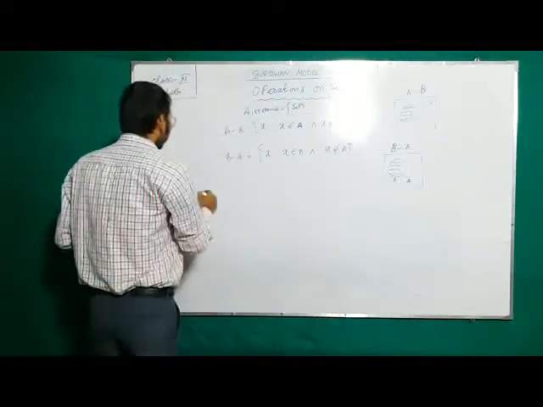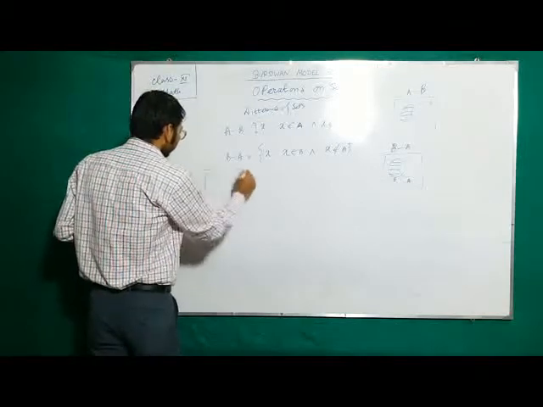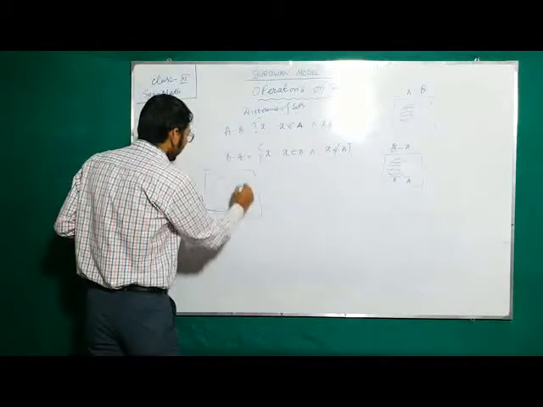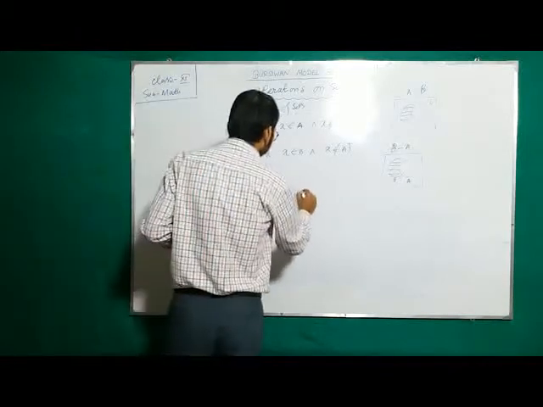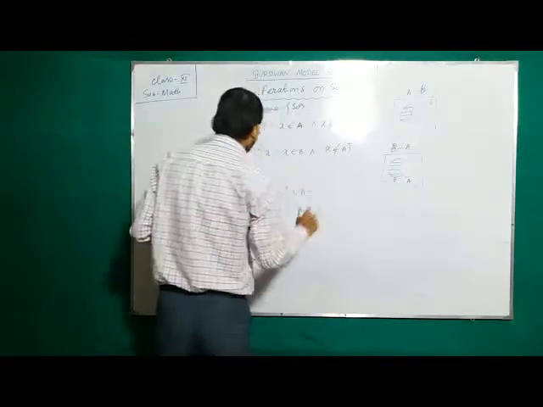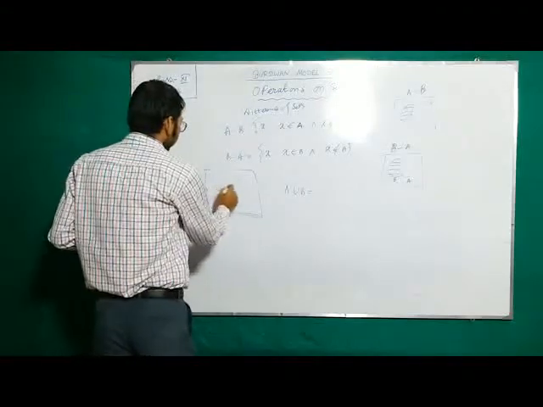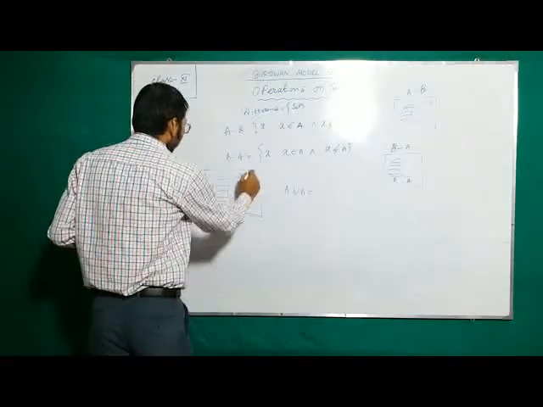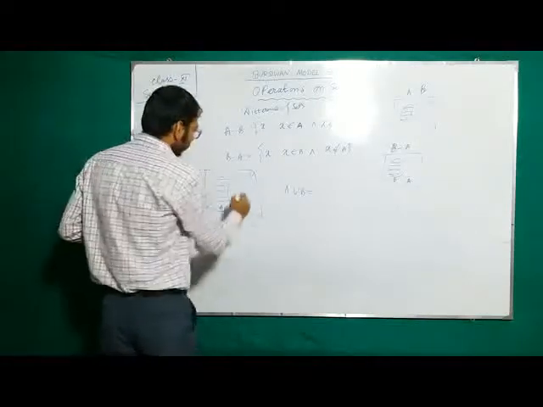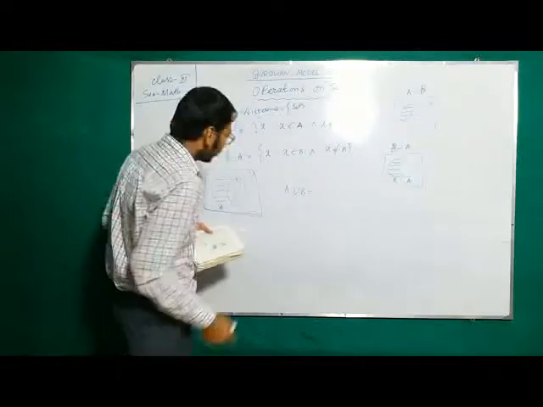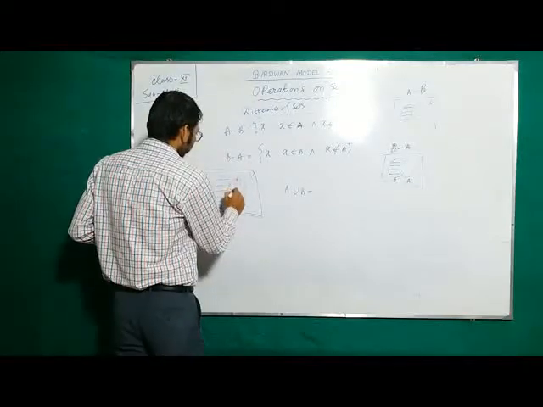Now one important thing here. A union B can be written as the union of three disjoint sets.